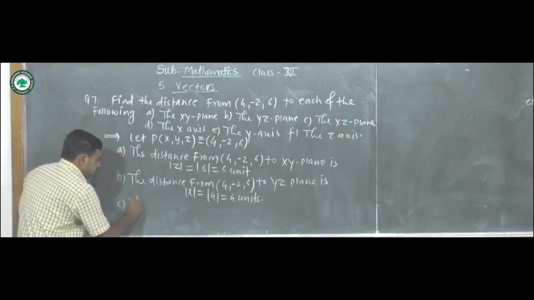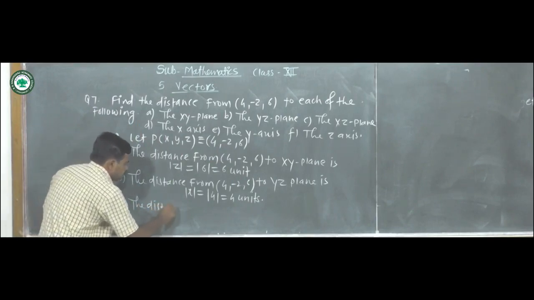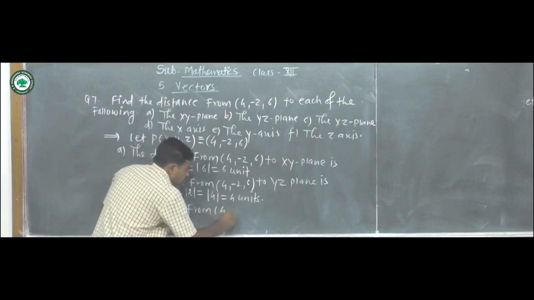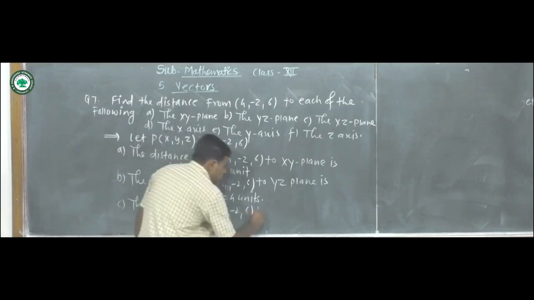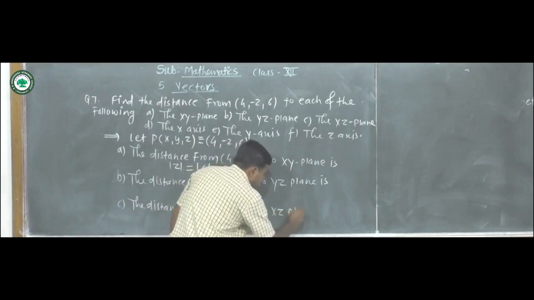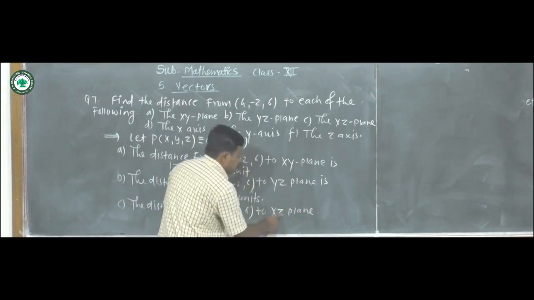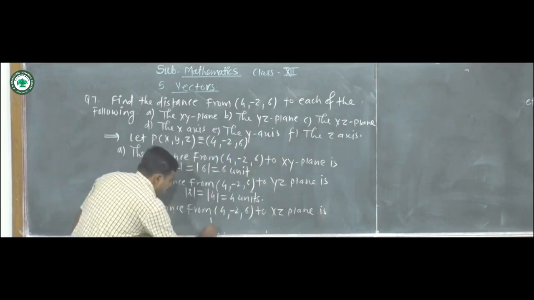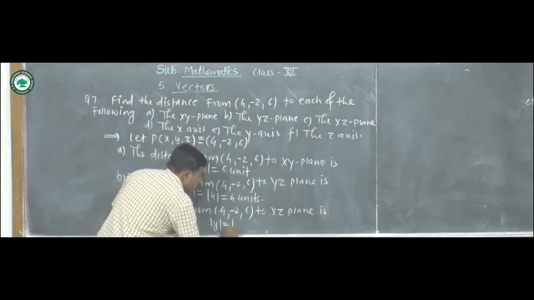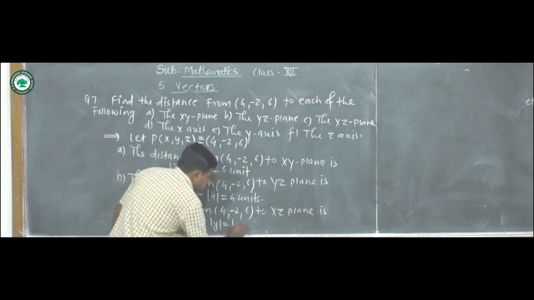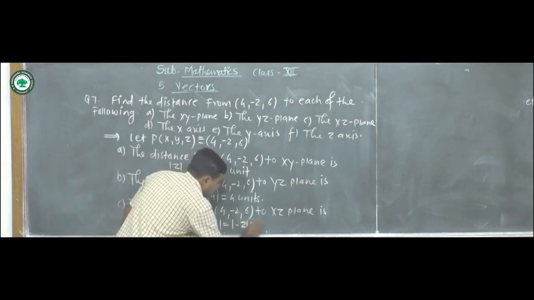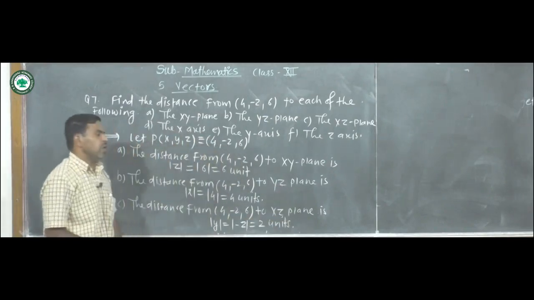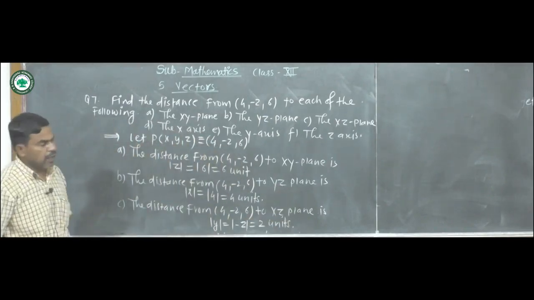C, the distance from 4, minus 2, 6 to XZ plane. XZ plane. What remains? Y. So it is modulus of Y, and it is equal to modulus of minus 2, and it is equal to plus 2 units. Because modulus always gives us positive values.